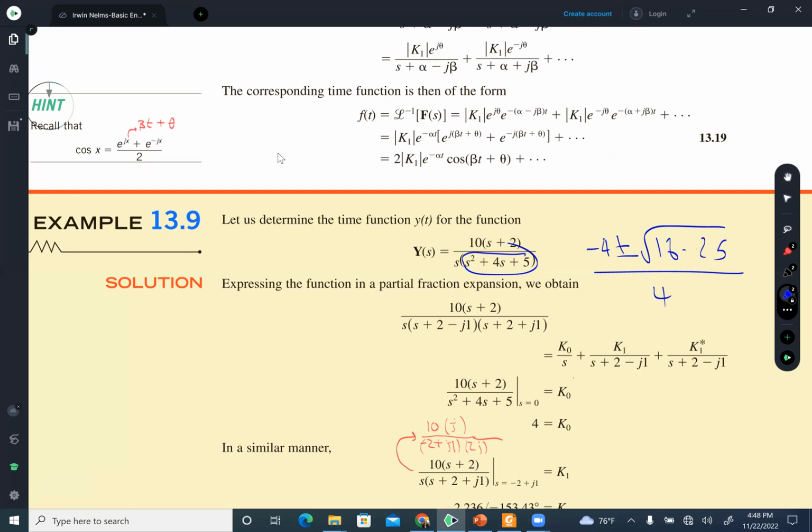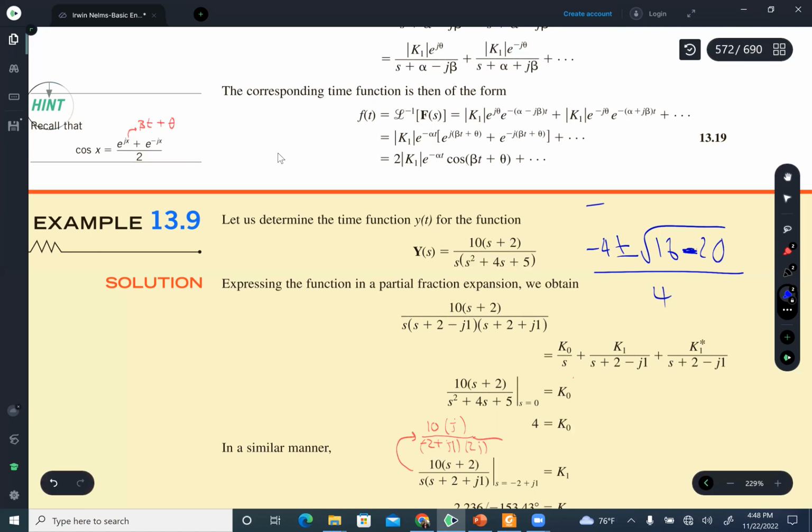16 minus b squared minus 4ac. So 4ac is 20. So those are the roots of the denominator of this term, right? And what is that?